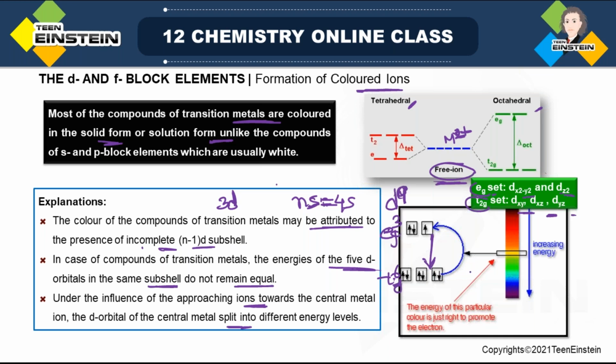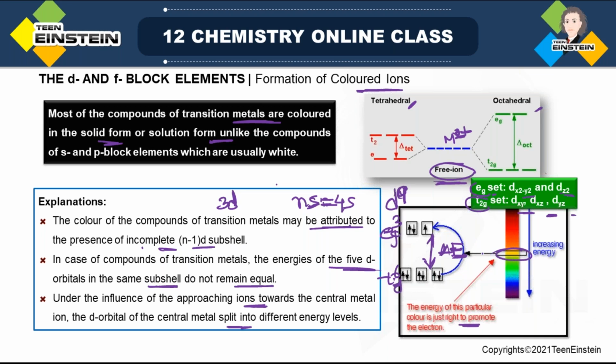If you consider only the visible part, then among these different colors only the yellow color is absorbed, because this energy gap between Eg and T2g matches the corresponding frequency of the yellow zone. So the energy of this particular color is just right to promote the electron from lower energy to higher energy. That means energy in this zone will be absorbed.